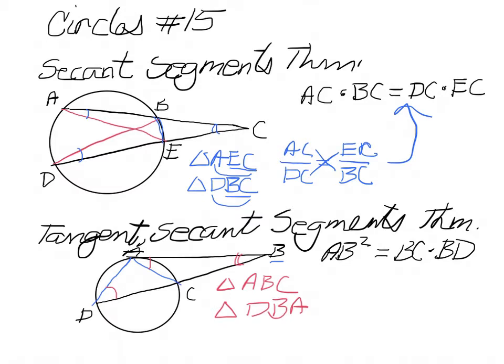How can you do that? Well, look at this arc. First we have AB tangent and AC a chord, so the angle is half the measure of this arc. And then angle D is an inscribed angle with that arc, so it's half the measure of the arc. Therefore those two angles are equal. Once they're equal, the triangles are similar.